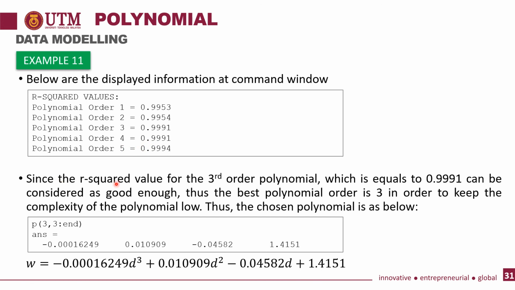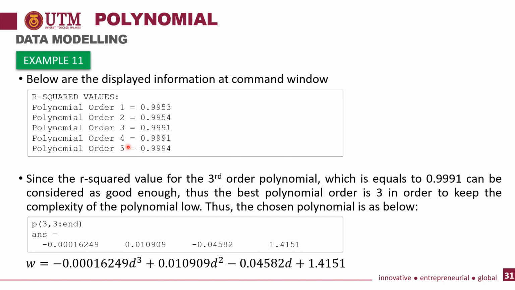Since the R squared value for the third order polynomial, which is 0.9991, can be considered good enough, because 0.9991 is 99.91%, it is good enough to be accurate. The higher the order, the more complex the system and the higher the computational cost.